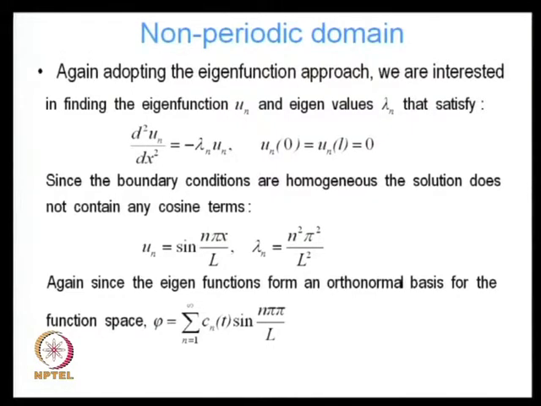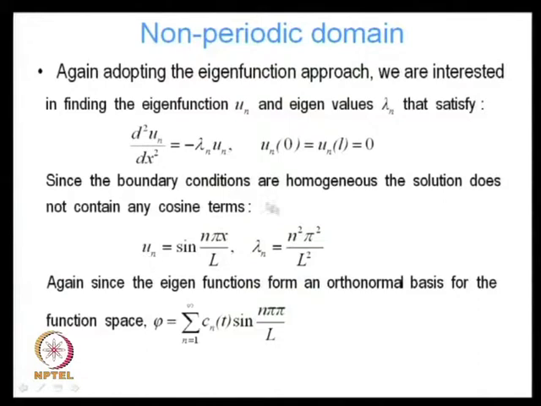If the boundary conditions on phi were non-homogeneous, then the boundary condition for the eigenvalue problem would be different, because the eigenvalue problem always must have homogeneous boundary conditions, right.